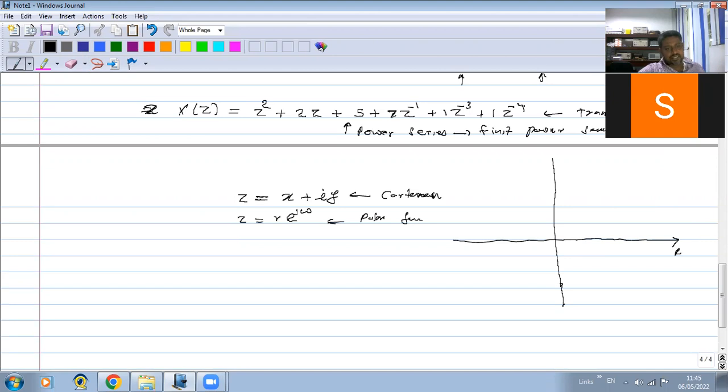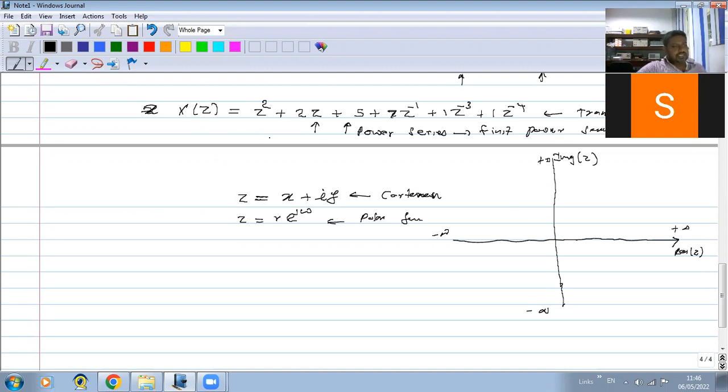So this is our real z, and this is our imaginary z. This z can be any value within this complex plane. Here it goes up to plus infinity and minus infinity, and here also up to plus infinity and minus infinity. In this area z can be any value.